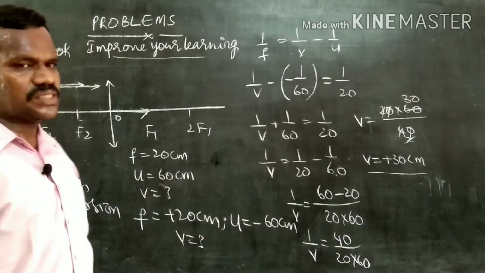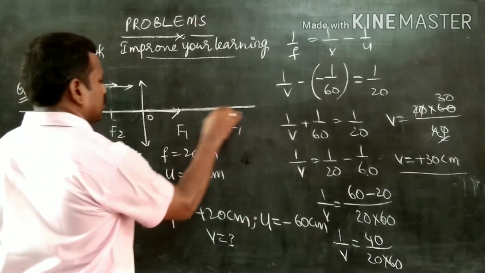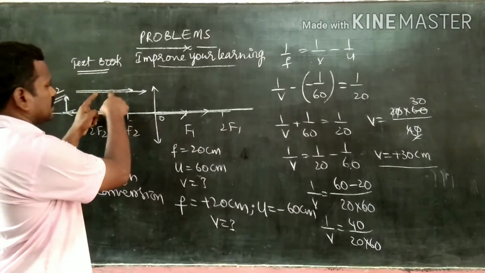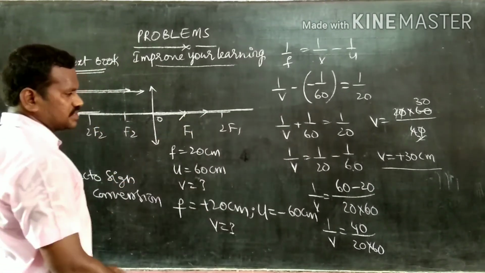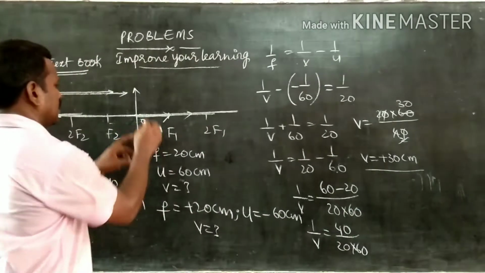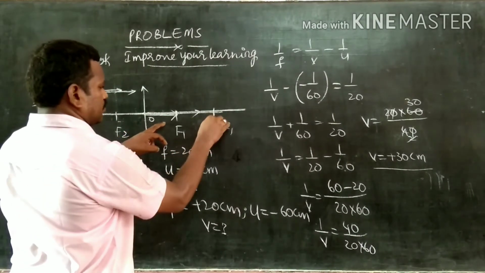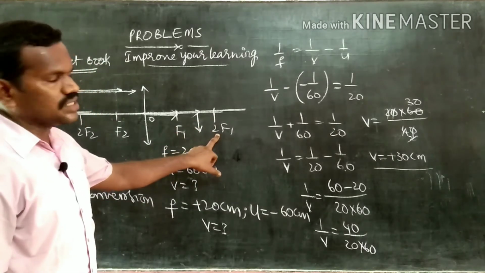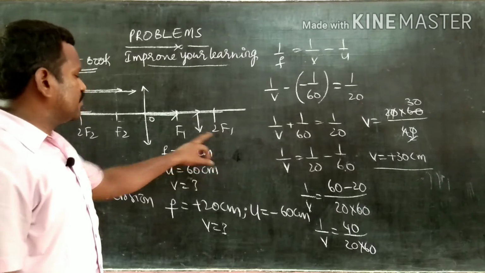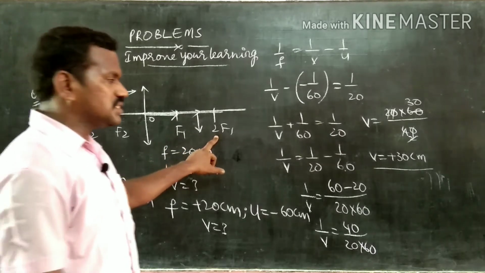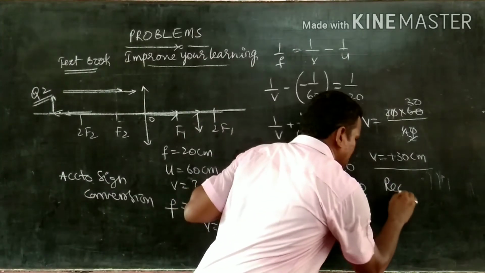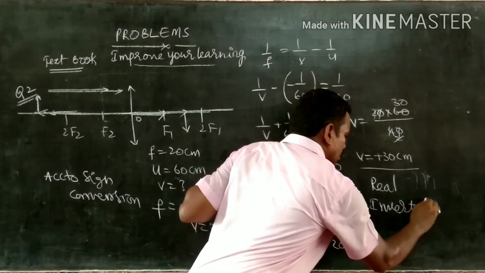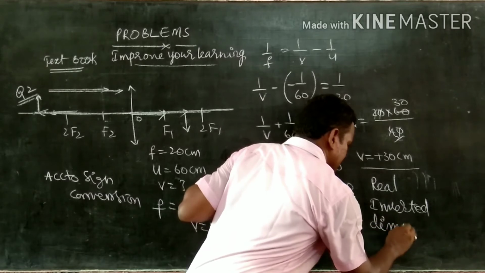Sir, why did you write plus 30 centimeters? Means the image is formed on the other side of the object, in the same direction as the incident rays. If we consider it is 30, up to here 20 and up to here 40, means the image is formed in between focus and center of curvature. If the image is formed in between focus and center of curvature, it must and should be a real, inverted, diminished image.